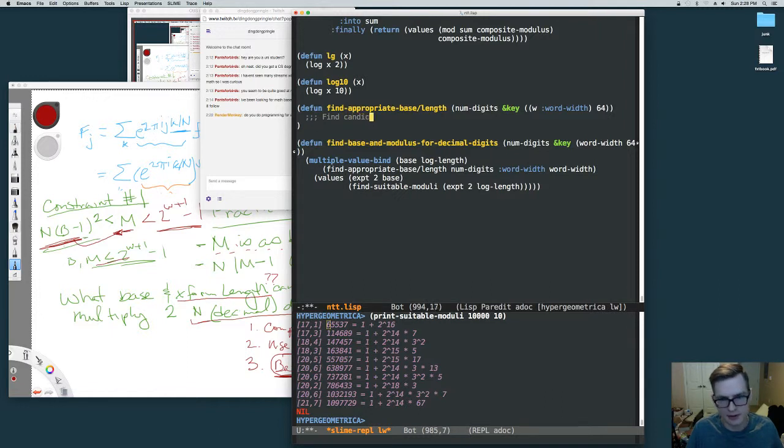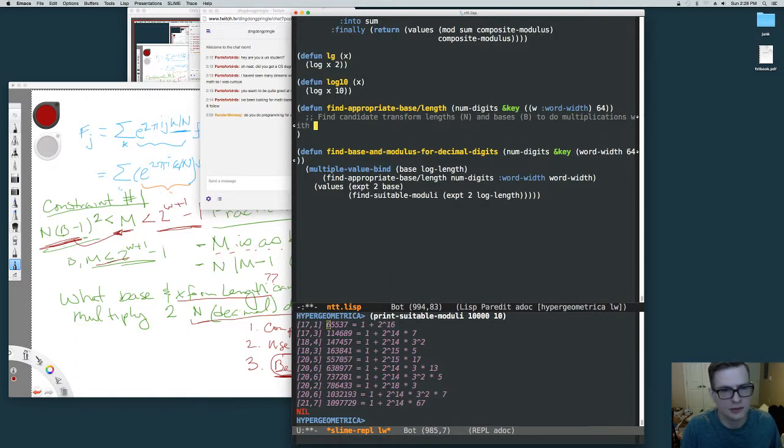Find candidate transform lengths and bases b to do multiplication.